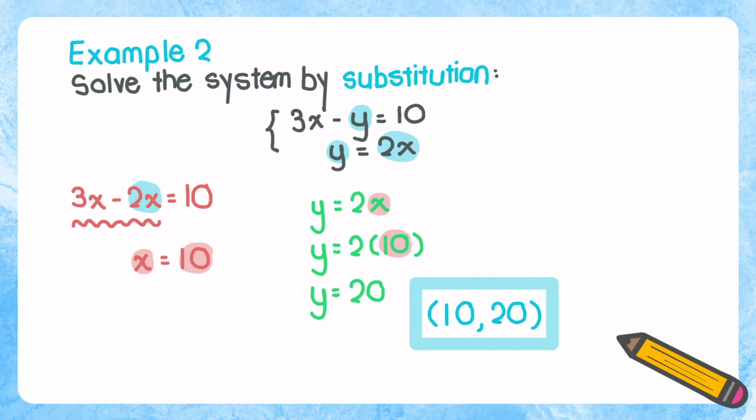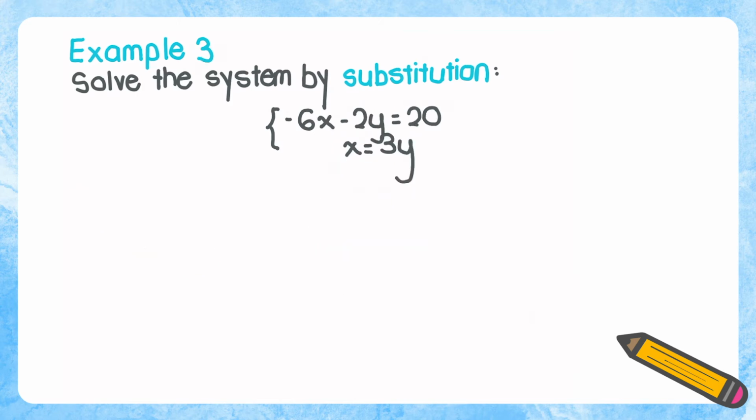For our third example, we have two linear equations, negative 6x minus 2y equals 20 and x equals 3y. Notice it's a little bit different. Instead of y equaling something, we have x equals 3y.